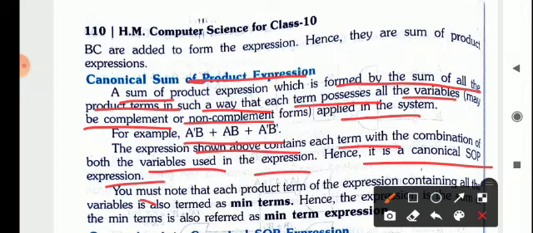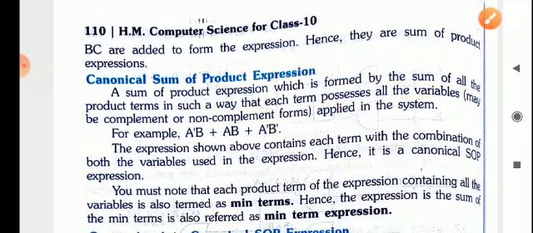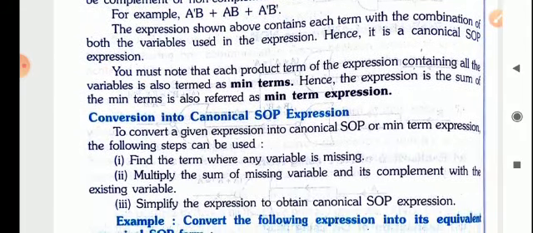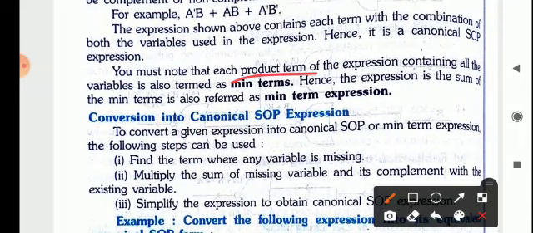Okay. Now, here you can see each part is having all the variables, AB, AB, AB. Okay. So, this is what the canonical SOP expression is known as. If suppose any variable is missing, then for that we have a different process to change it into canonical sum of product expression. Now, here you must note that each product term of the expression contains all the variables.